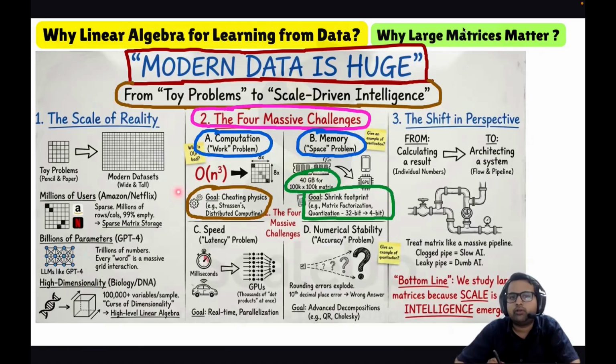Now the third massive challenge is the speed, the latency problem. For self-driving cars or real-time translation, speed can be a bottleneck. The math must happen in milliseconds. So the goal is real-time parallelization.